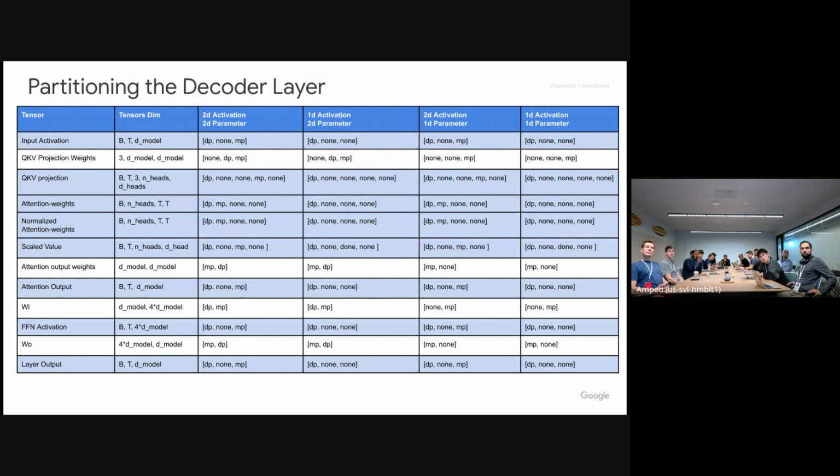So the numbers that I'm using here, for example, if I go to 1D activation, 1D parameter sharding, this is essentially what was introduced in the first Megatron paper. And if I go to WI, WO, I think you will recognize this really quickly. So WI has the partitioning intent of none, comma, MP, and MP, comma, none. Forget about MP.